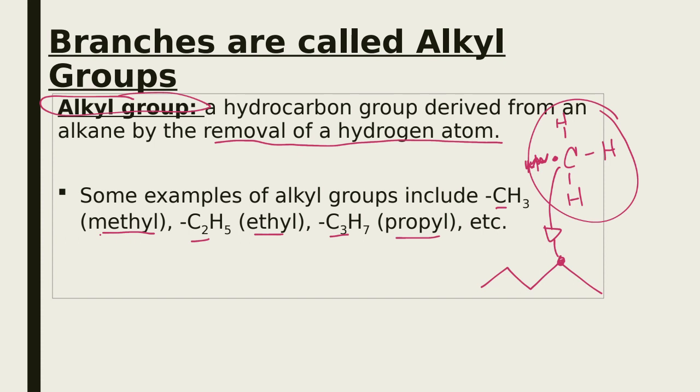So we don't call them a methane group because methane is its own molecule. But once the hydrogen is removed and the methyl is attached as a branch, we then use this YL suffix from the alkyl group and we call these branches by this name.